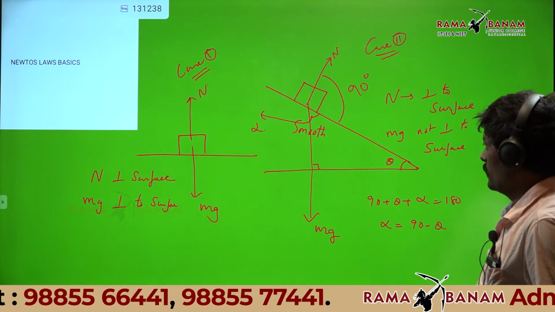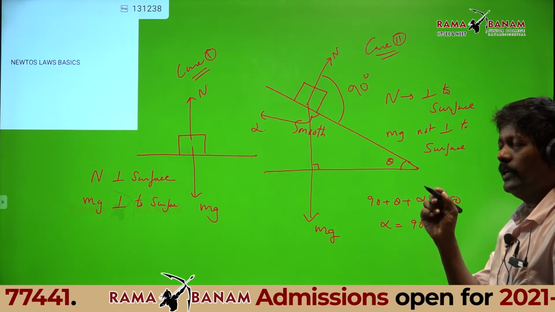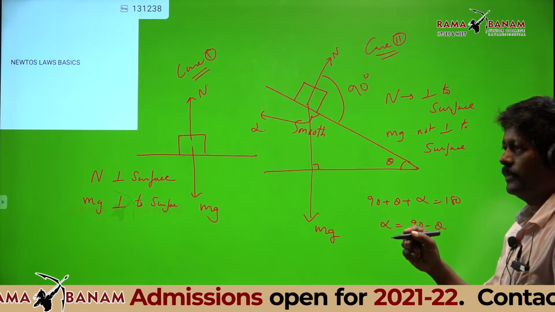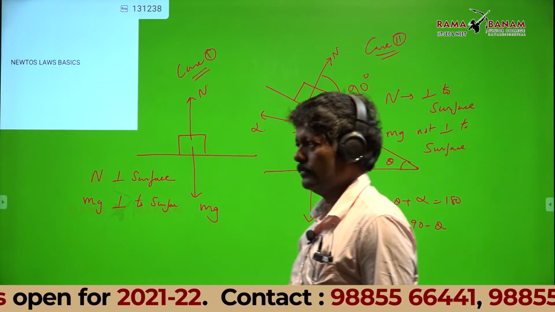Okay. So, these two diagrams show that, have you noted that point? I am repeating again. Normal reaction is always perpendicular to surface.